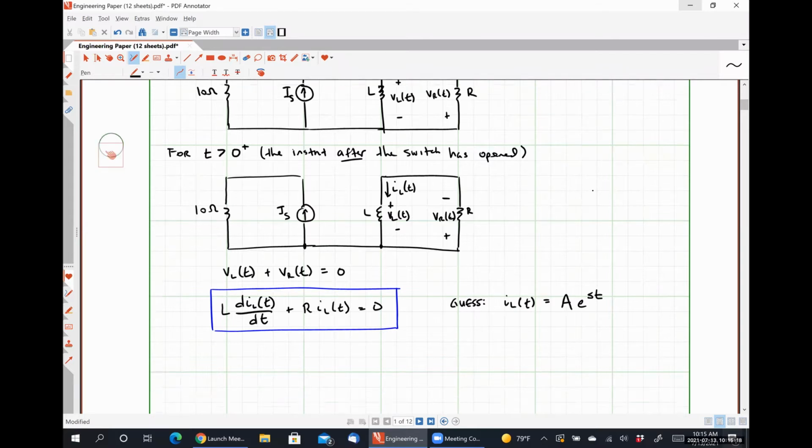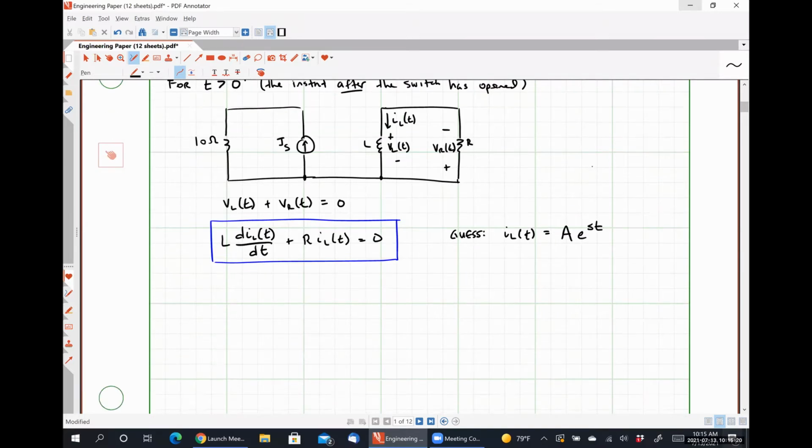So what we're going to do is look at this guess value and substitute it into our differential equation, right? So that means that we would have L times the derivative of A e to the st plus R times A e to the st is equal to 0.